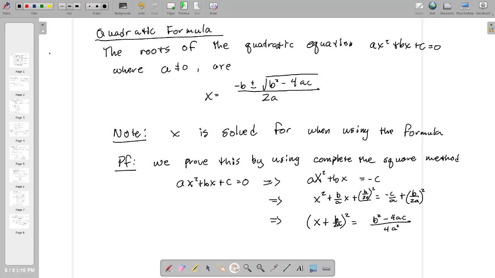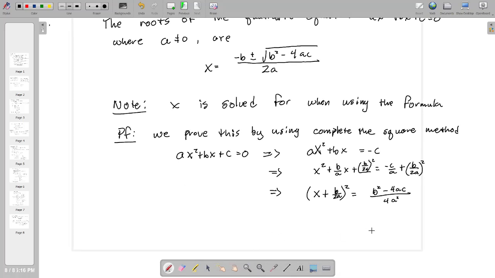Now to solve, we take the square root of both sides, of course, x plus b over 2a. Now this would normally be an absolute value. I'm going to skip that and just go straight to the plus or minus on the right. Plus or minus square root b squared minus 4ac over 4a squared.